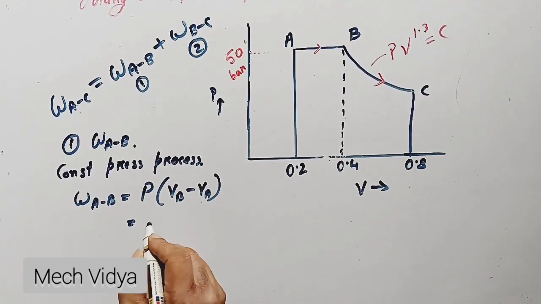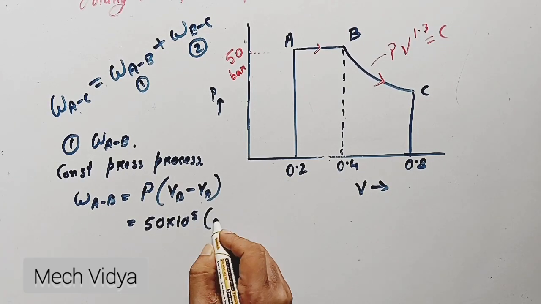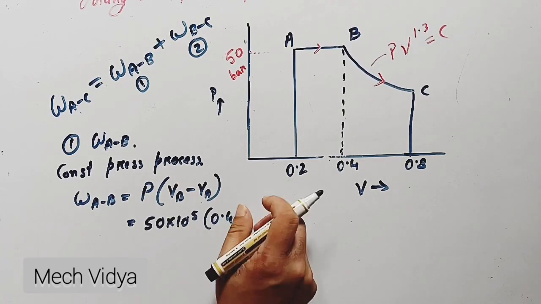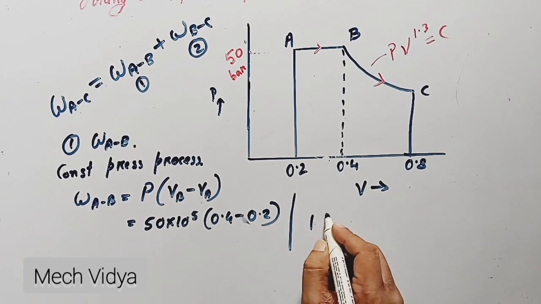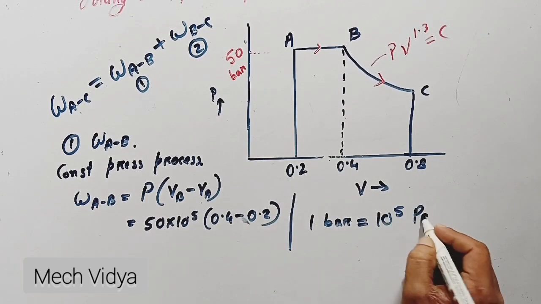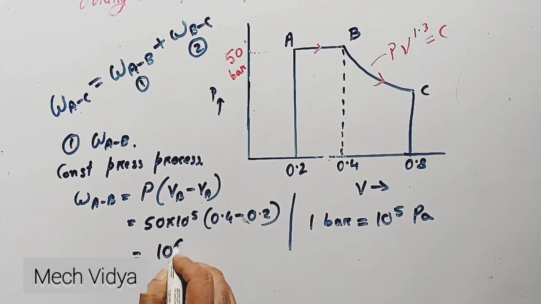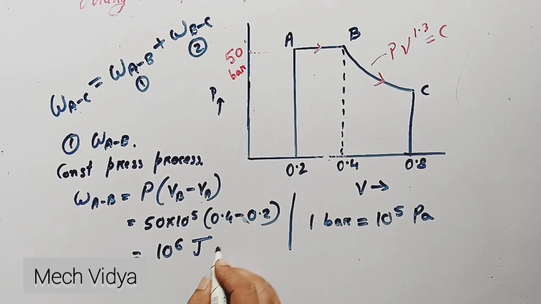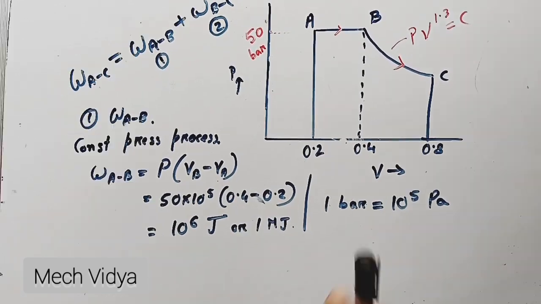Okay, so just substitute the value 50 into 10 to the 5 into the value of VB, 0.4 minus 0.2. 1 bar is actually 10 to the 5 Pascal. So I have written 50 into 10 to the 5 Pascal. Okay, so the final answer is 10 to the 6 joule, which is equivalent to 1 megajoule.